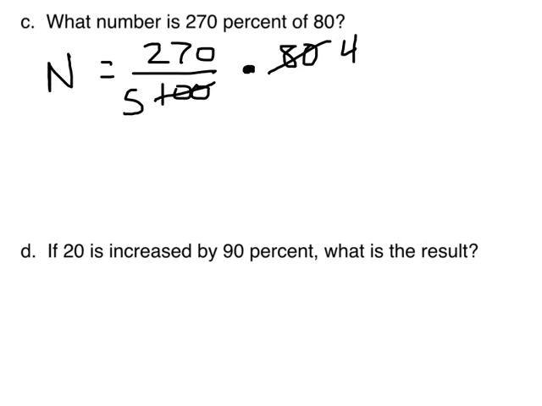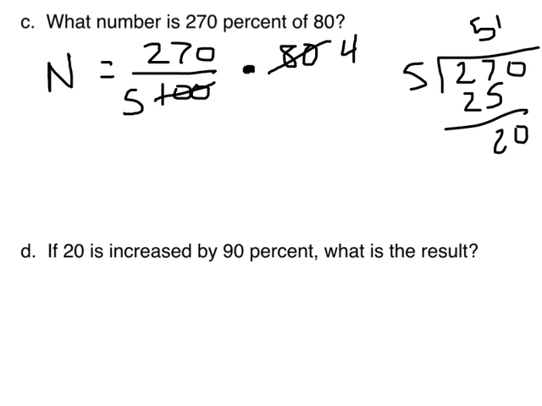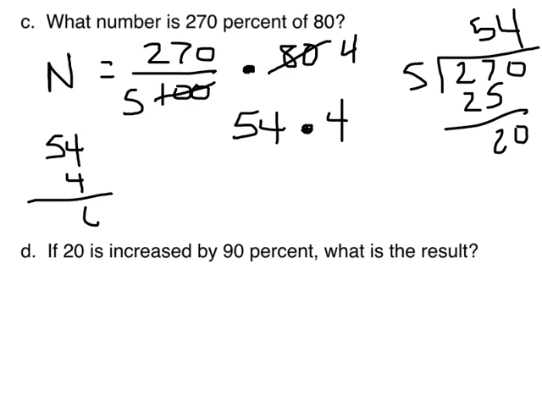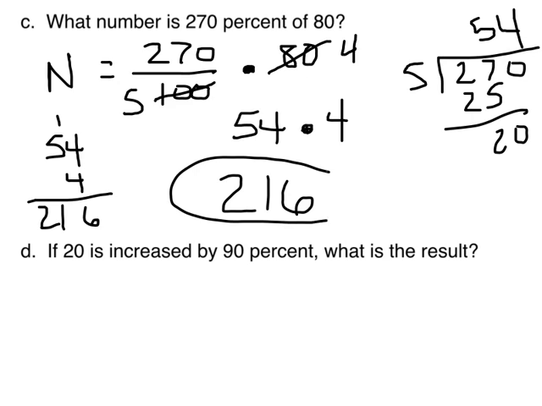So I can either do 270 times 4 divided by 5, or I can go ahead and divide 270 by 5, which might be easier. 270, because I know it will be divisible by 5 because it ends in 0. So that would be 54, and then 54 times 4 equals 216. 216 would be the answer to that.